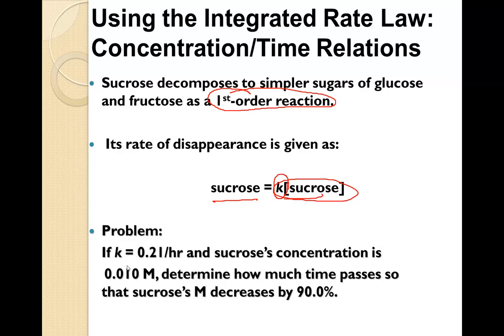So let's try some practice problems with these. If the rate constant is 0.21 per hour, and sucrose's concentration is initially 0.010 molar, determine how much time passes so that the sucrose's molarity decreases by 90%.